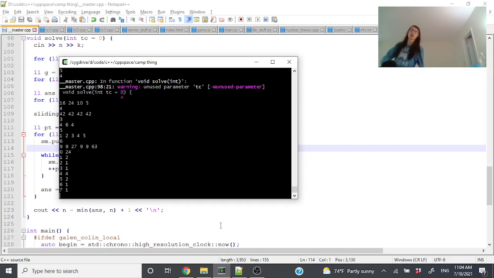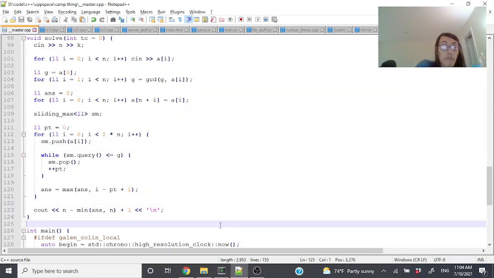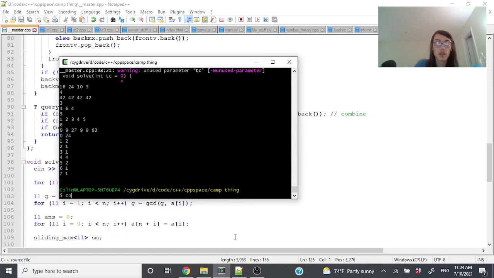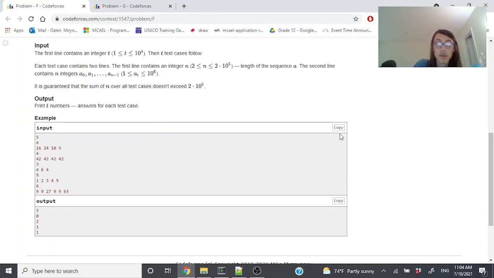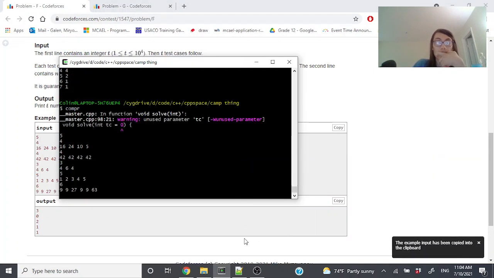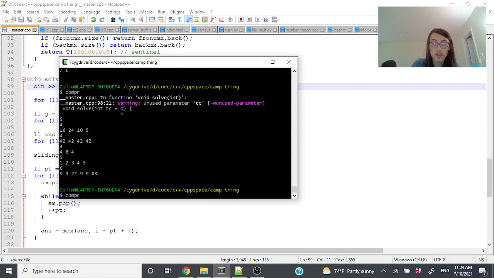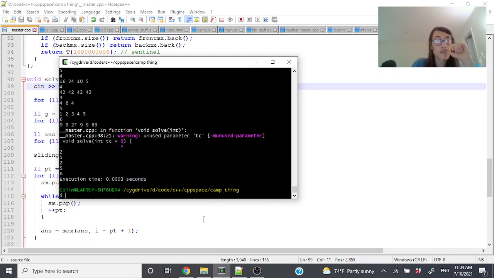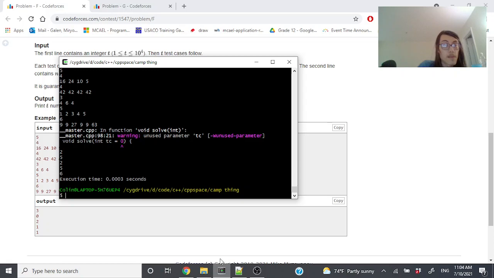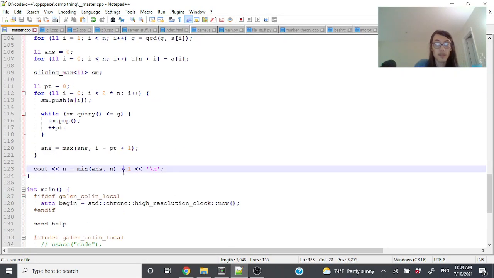So having no elements should be fine. While sm.query is less than or equal to g. So push AI. While query is less than or equal to g, pop. Oh wait, there's no k. What am I doing? 2, 5, 2, 5, 6 minus 1?